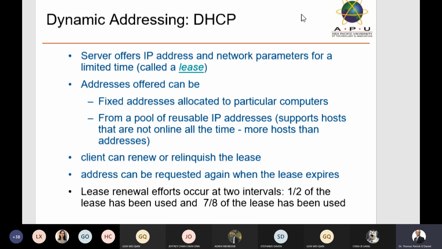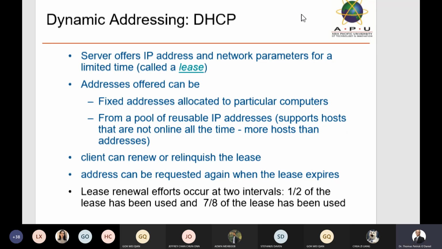And so we have a pool of IP addresses, and you get one from the pool for a certain period of time. You can renew your claim on that as many times as the server will accept, and the server will work very hard to allow you to maintain that same IP address.